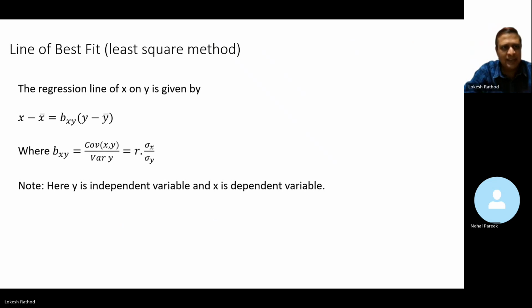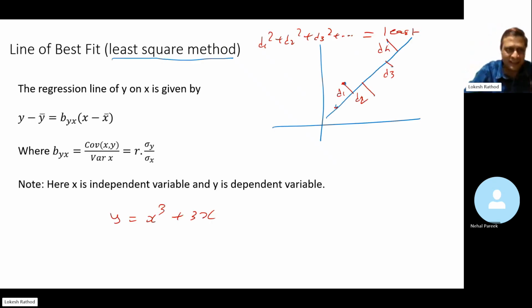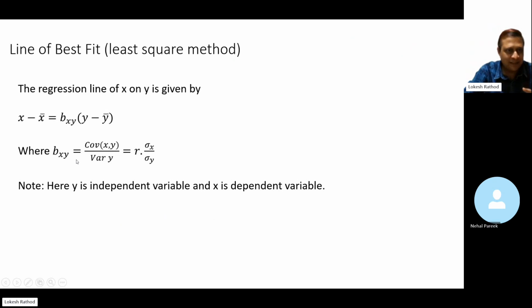And bxy is covariance of xy over variance of y. So in byx, the last letter is x, variance of x in the denominator. In bxy, the last letter is y, variance of y in the denominator.